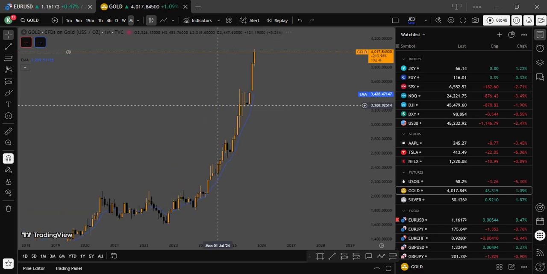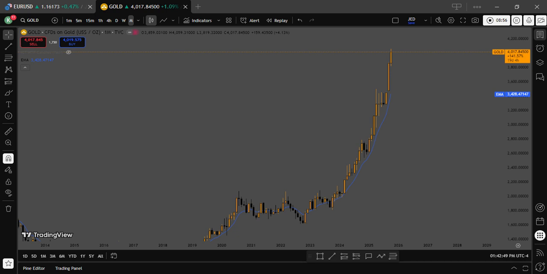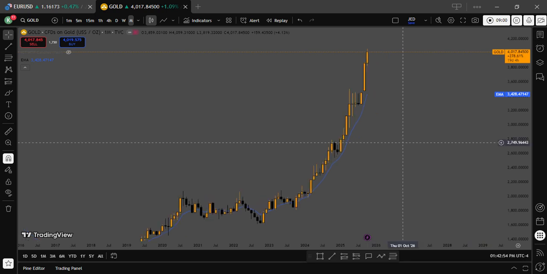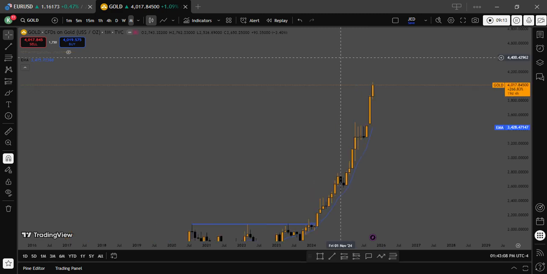It was very bullish sometime. But I think for the past few months it has been very, very bullish. Now, price on gold hasn't shown us any area.